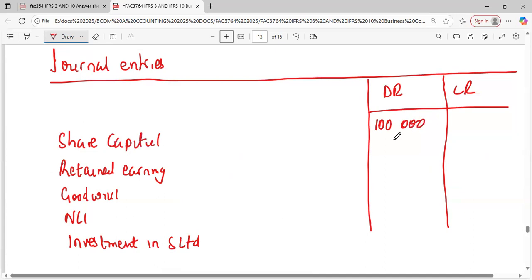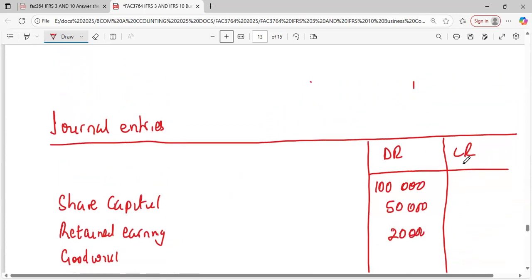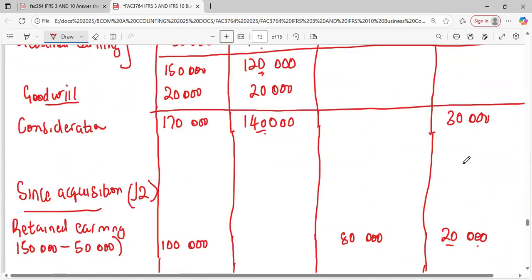We eliminate our retained earning, which is 50,000 here. Our goodwill is 20,000 here. Our NCI is how much here? It's 30,000 here.